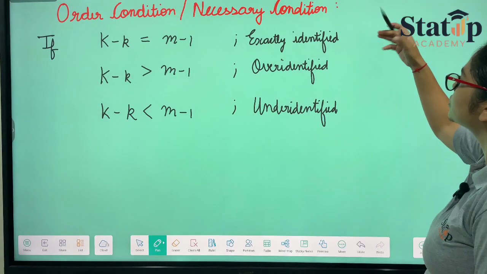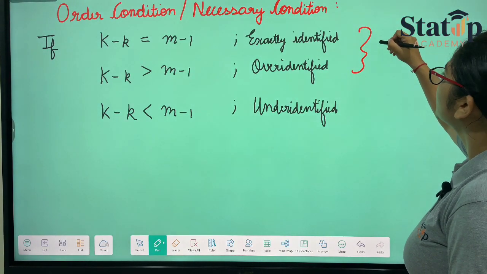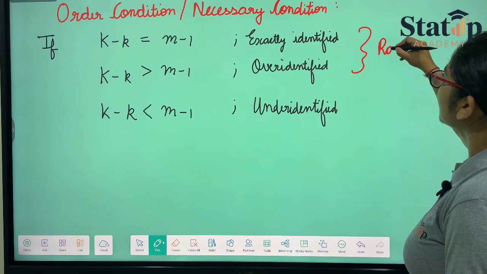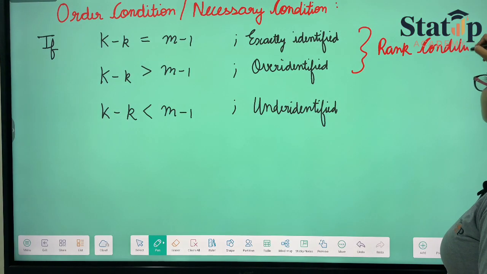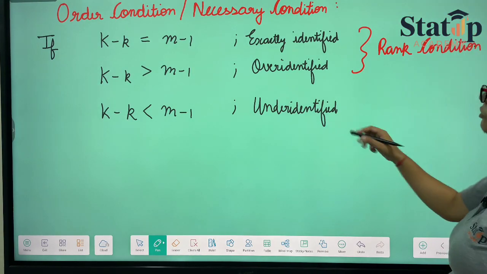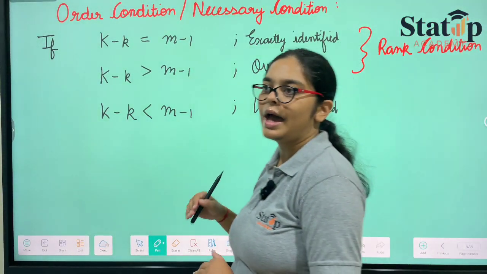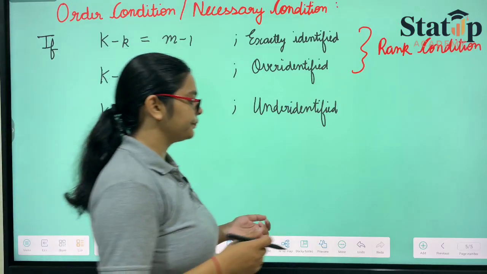Now in the first two cases, if our result comes this way, then we move to the next condition, which is rank condition. And if it is under identified, then our process stops here and we don't move further because our model is unidentified.